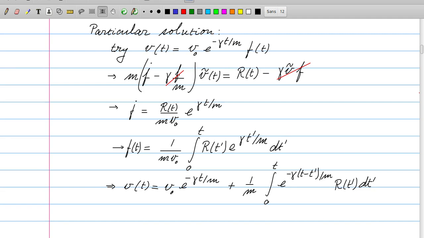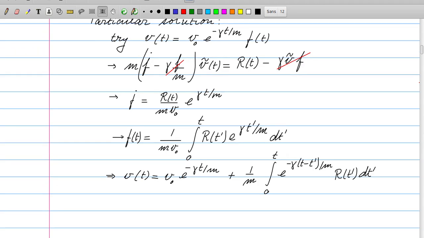Putting this f into the form for v that we have written here, we obtain the following solution. We have here the particular solution, that is the one we just found, and this is the homogeneous solution, which we can add with an arbitrary prefactor. And because we take the integral from 0, this prefactor should be the velocity at time t is 0.